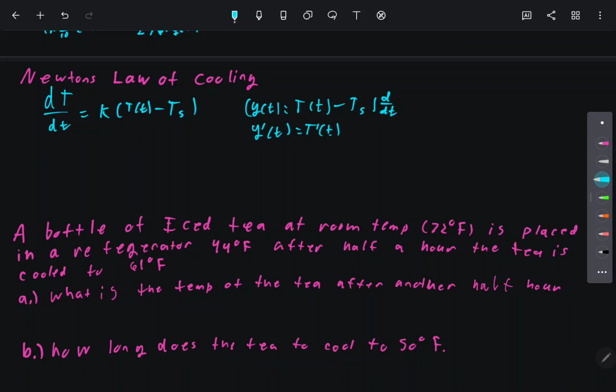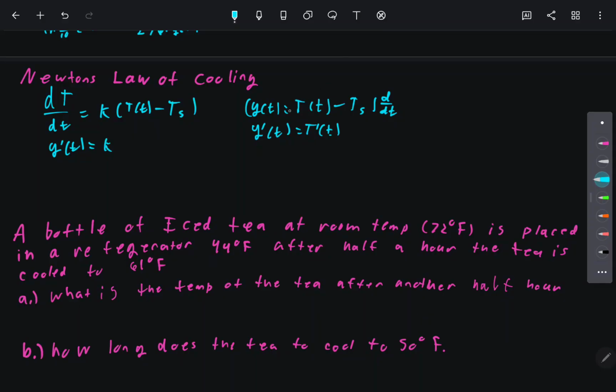And because of this neat little fact right here, and now that we know that the derivative of y of t is equal to the derivative of T, we can say that y prime of t is equal to k times y, and this kind of deserves a drum roll, please.